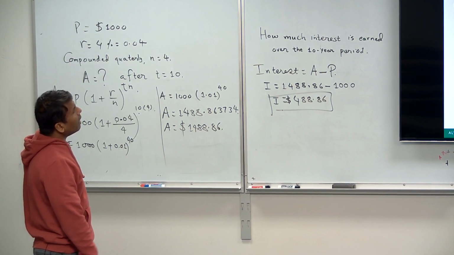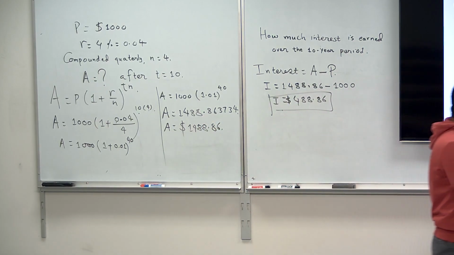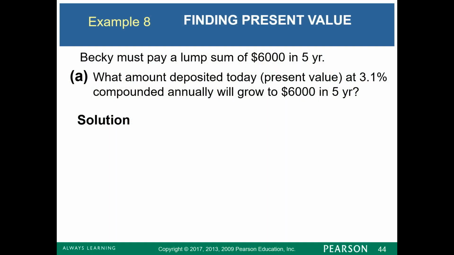I think the second one is, if you look, the second problem. Becky must pay a lump sum of $6,000 in 5 years. What amount deposited today at 3.1%, compounded annually, will grow in 5 years? I think you can do that, right?